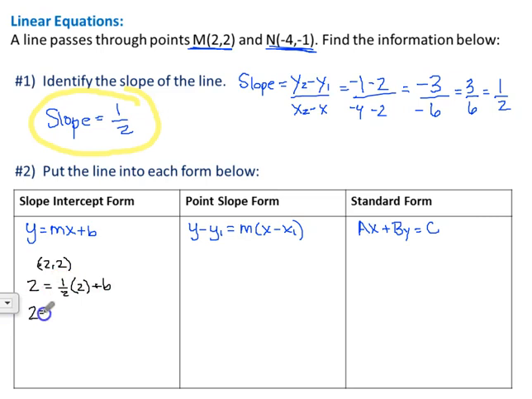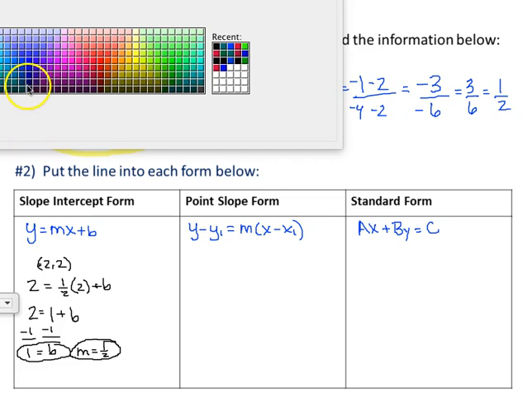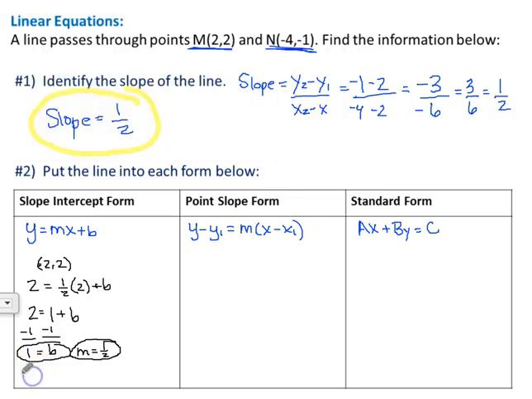So I'm going to simplify 1/2 times 2, which is 2 over 2, which is 1. So 1/2 times 2 is 1, plus b. And to solve for b, I'm going to subtract 1 from both sides, and I get b equals 1. So now that I know b equals 1, and my slope is 1/2, I can plug all that information in to get slope-intercept form.